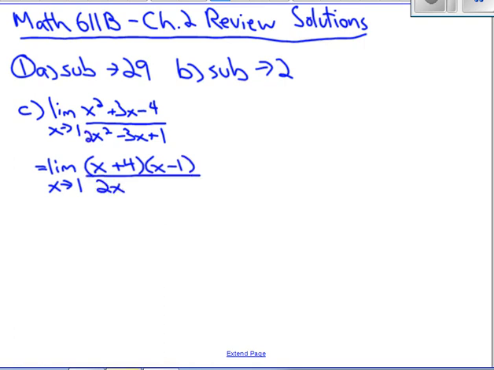And then a 2x minus 1 and an x minus 1 on the bottom. Okay, we work these out. Looks like we can divide out our x minus 1. And we get the limit as x goes to 1 of x plus 4 all over 2x minus 1. Now we can substitute in, and that will give us 5.